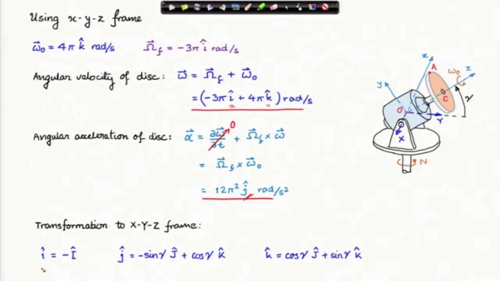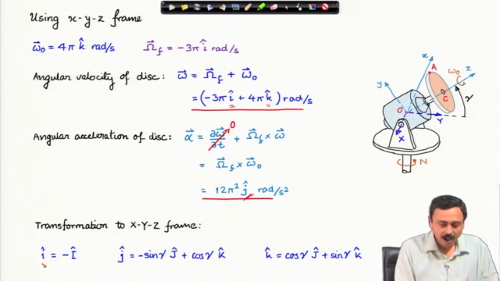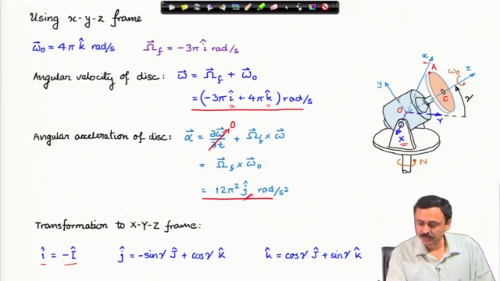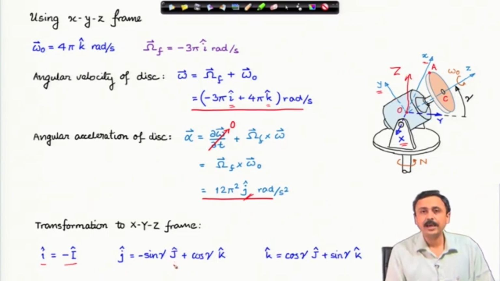If you look at the figure, then i cap is equal to minus capital I cap. As you might have noticed, capital X and small x are in opposition, therefore i cap must be equal to minus capital I cap. j cap is in the y direction. If I express that in terms of capital X, Y, Z, Z is of course the vertical, I can express j cap in terms of capital J cap and capital K cap.